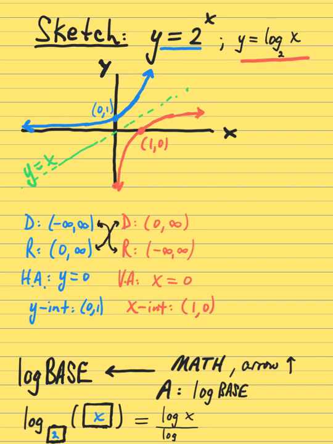So for this problem, you would just simply put a 2 there. Your x and your 2. That's the way to get around if you don't have log base as a calculator function.